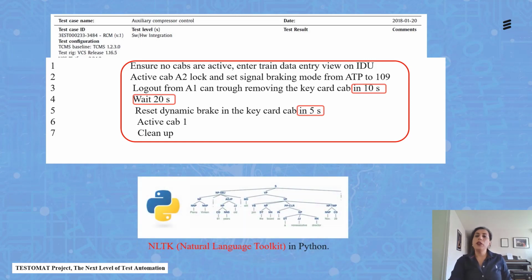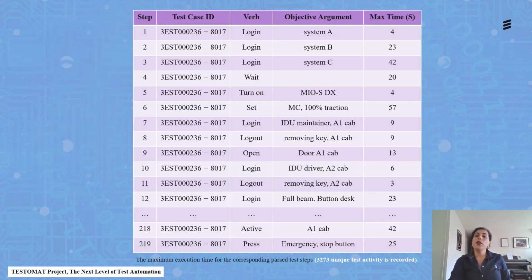For this purpose, we use NLTK, a toolkit in Python for parsing and analyzing different factors specified in a test specification. In this table, you can see what we saved and parsed after analyzing different test specifications. This figure shows a screenshot of the database behind ESPRET.